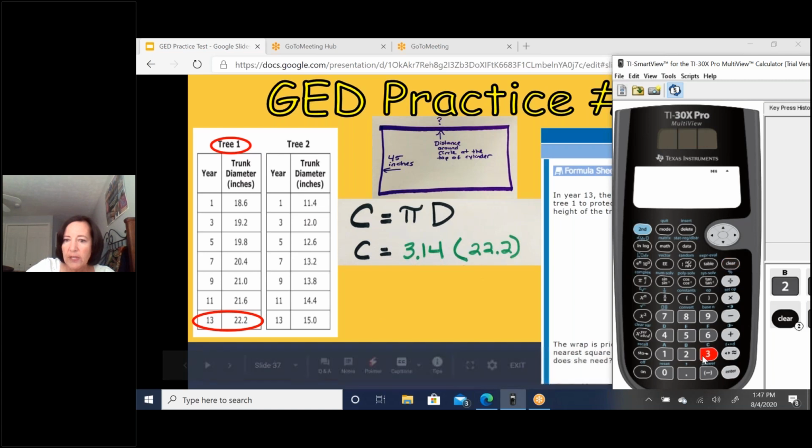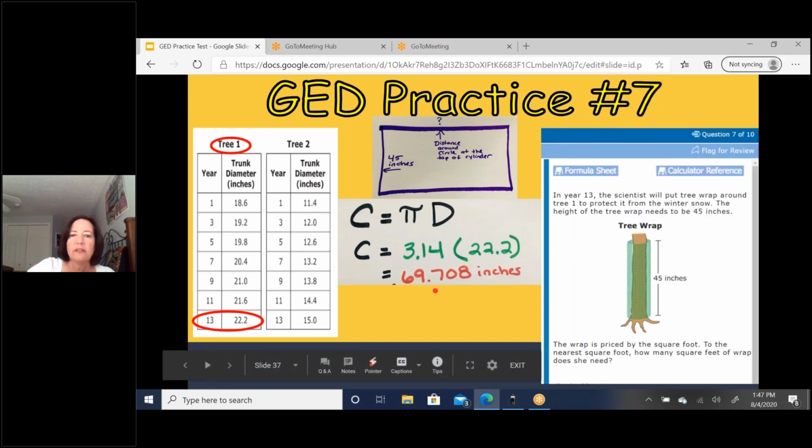Okay, so now I'm going to put in 3.14, open parentheses, 22.2, close parentheses. I like that they've got the view in here because you can make sure that you typed it in correctly before you continue. And so I'm going to press enter, and that equals 69.708, which is the correct answer.